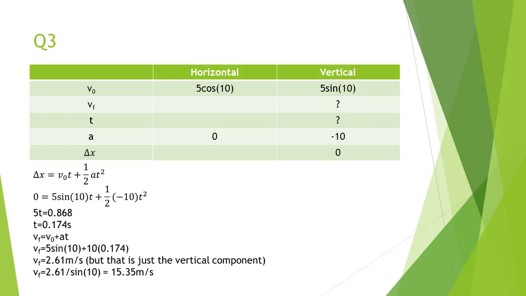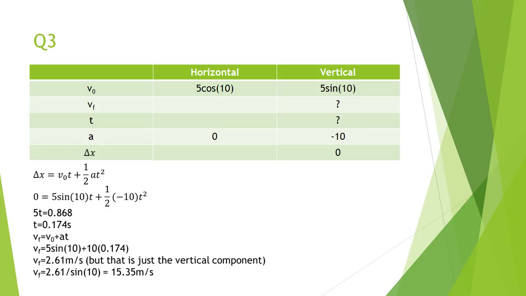Now, don't stop there. The vertical velocity is 2.61, but that's not the answer, because we need to find the overall final velocity, which is at an angle of 10 degrees.